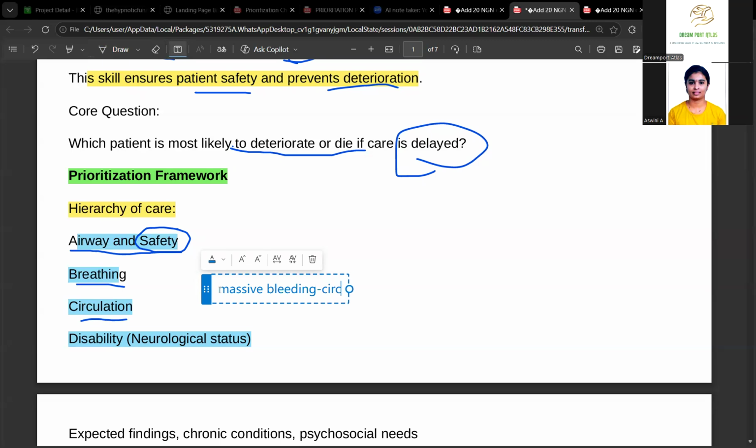Circulation will be your highest priority. You have to understand what the scenario is dealing with. Also, neurological status: for example, if the client is irritable, unconscious, or has lack of coordination or confusion, in such cases neurological status or disability is your highest priority.